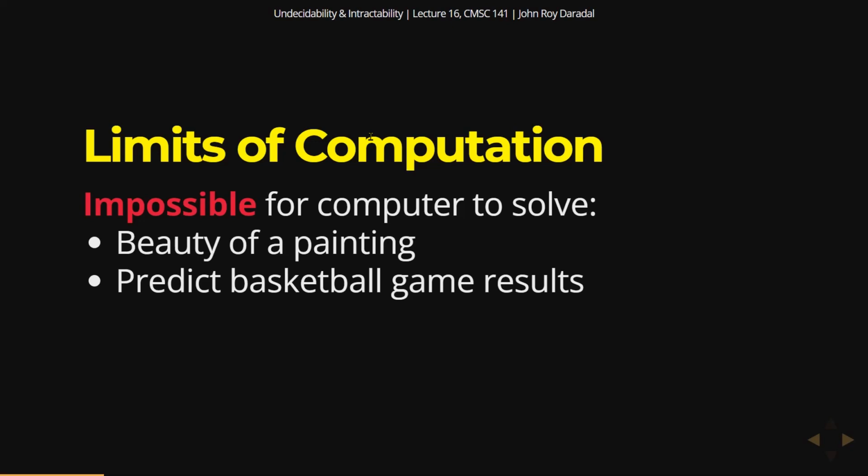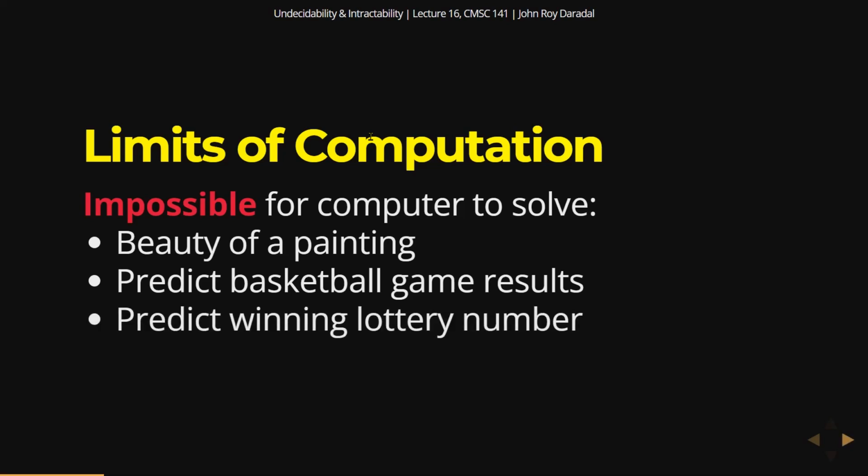What if one player is injured, or what if one player has a bad day and doesn't perform as well as he's been doing in the past few games, right? So the computer cannot predict a basketball game result 100% of the time, or predict the winning lottery number.